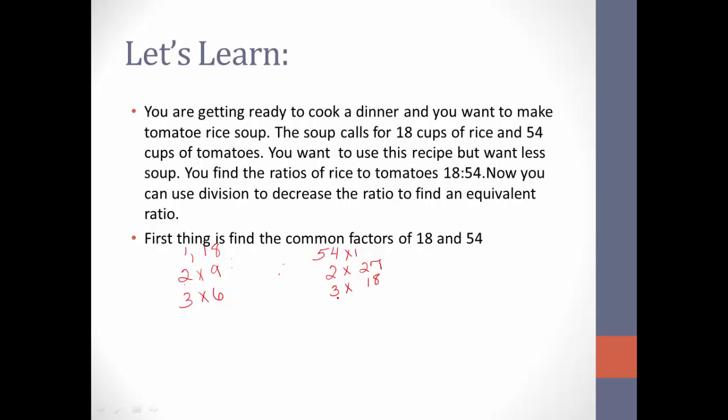4 would not be a factor. 5 wouldn't be a factor. But 6 times 9 is 54. So we have all those common factors of 2, 9, 3, and 6. They are common factors.